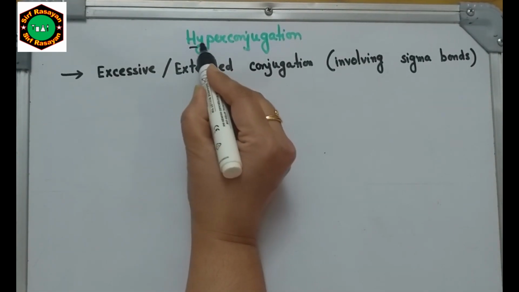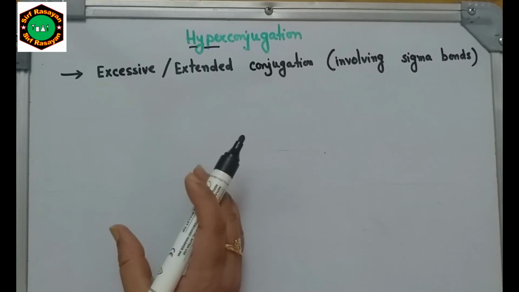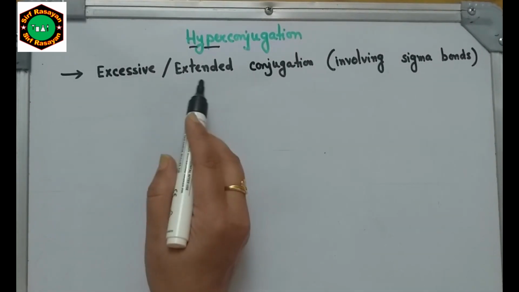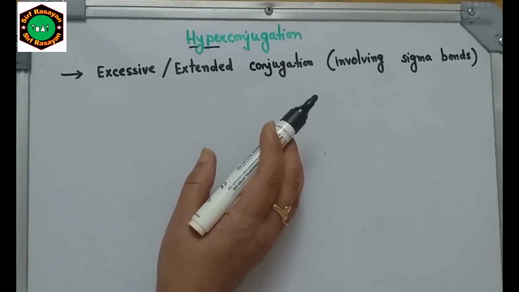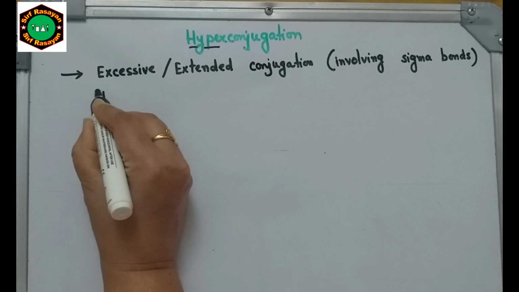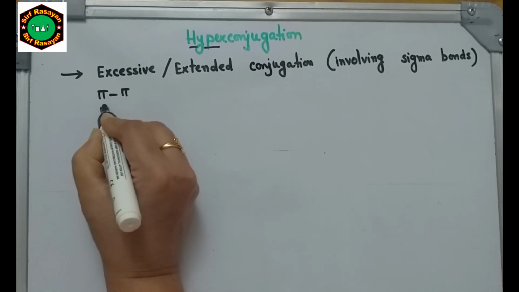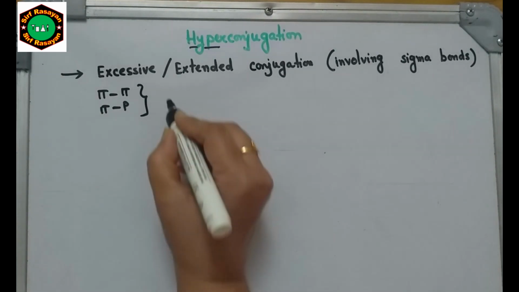Now see, hyper means excessive or extended. So hyperconjugation means excessive or extended conjugation involving sigma bonds. In resonance we have studied about pi-pi or pi-p type of orbital overlap.